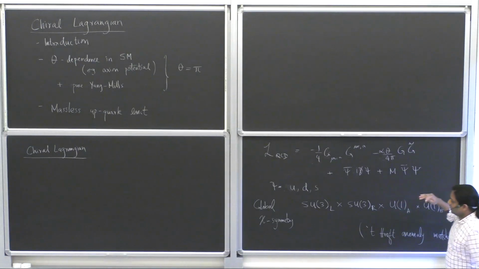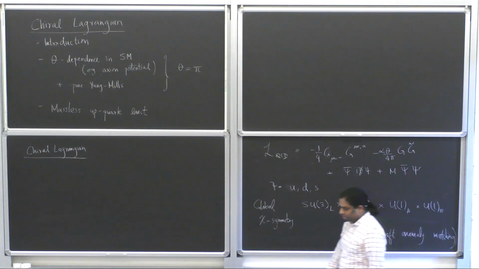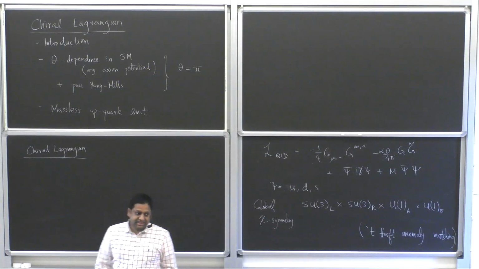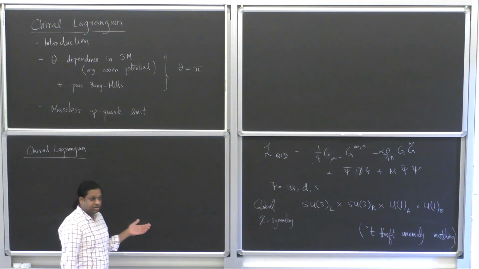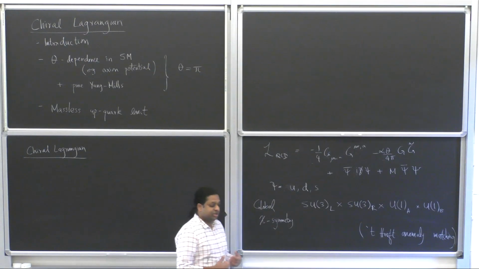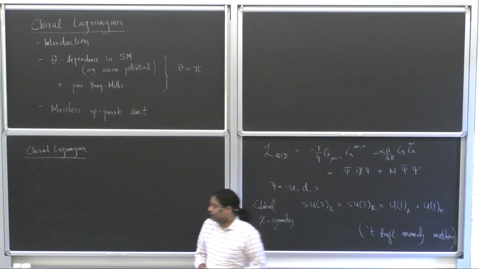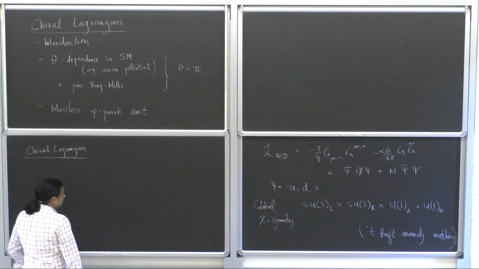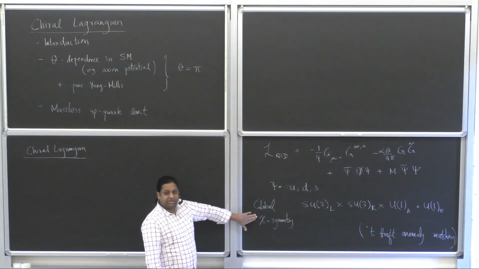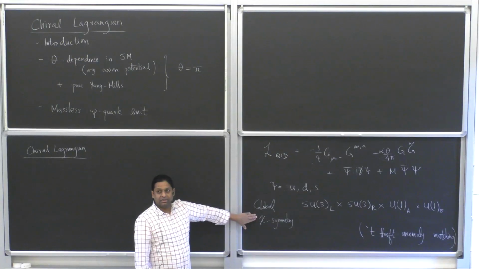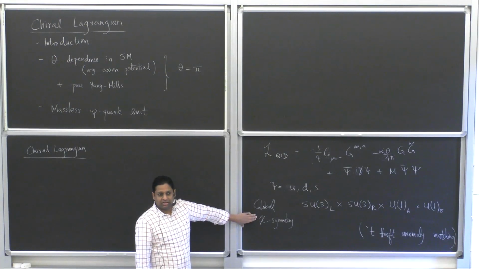If it was an exact symmetry that was spontaneously broken, we would get Goldstone bosons. Since it's an approximate symmetry, we get pseudo-Nambu-Goldstone bosons. So we get light fields, which are pion fields, which correspond to the spontaneous breaking of this global chiral symmetry by QCD effects. Okay, how many people have seen this before? Okay, good.